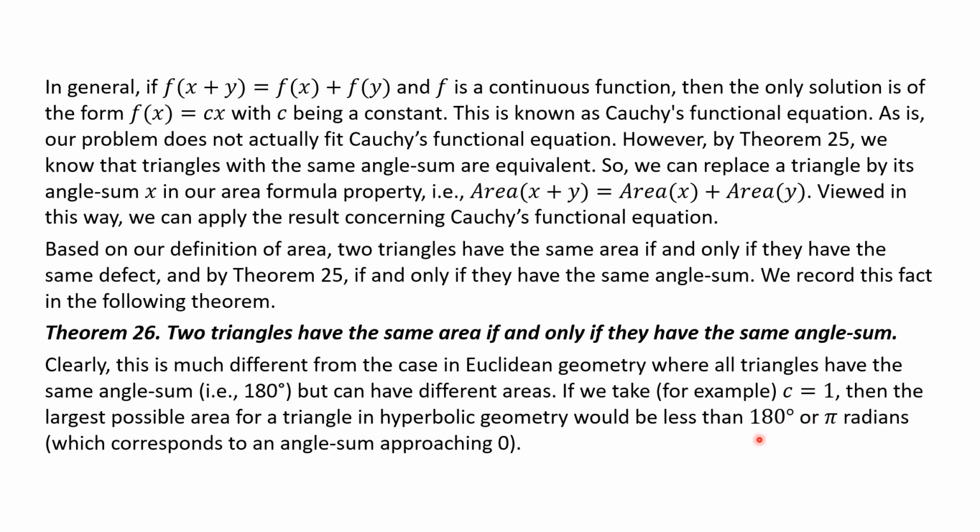These two things are equivalent, depending on how you want to go, and this corresponds to an angle sum approaching 0. So areas are quite different here. We'll explore this a little bit more as we continue in the lesson.